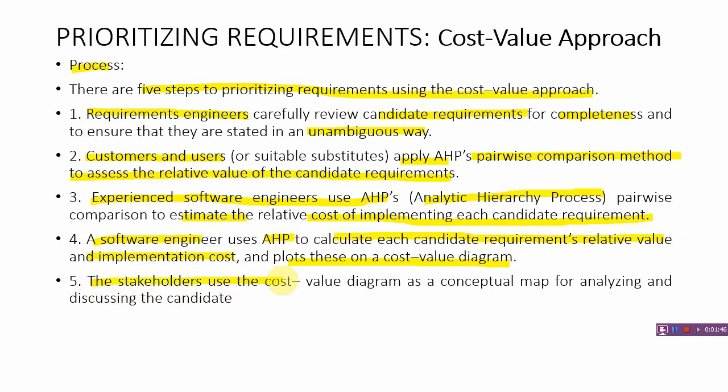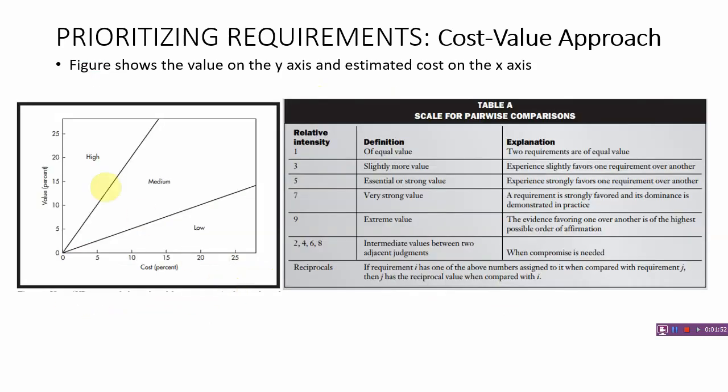The stakeholders use the cost value diagram as a conceptual map for analyzing and discussing the candidate requirements. You can see here a figure that shows the value on the y-axis and estimated cost on the x-axis in percentage format. So you can see the candidate requirements being divided into a low priority region, medium priority region and high priority region.